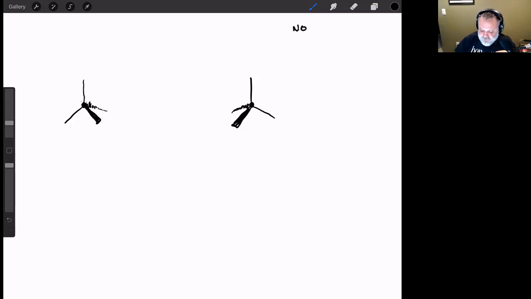An object that is chiral has a non-superimposable mirror image. This is something that's chiral. The thing that is the non-superimposable mirror image of another molecule.